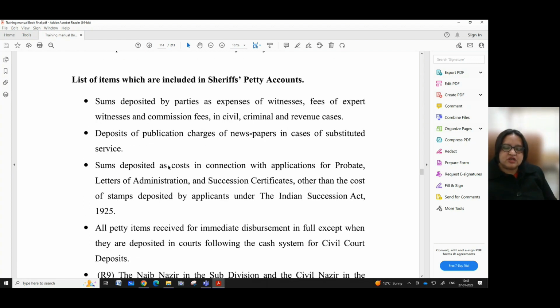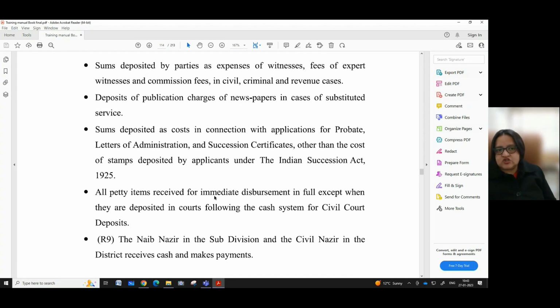List of items which are included in sheriff's petty accounts: sums deposited by parties as expenses of witnesses, fees of expert witnesses, and commission fees in civil, criminal, and revenue cases. Deposits of publication charges of newspapers in case of substituted service.